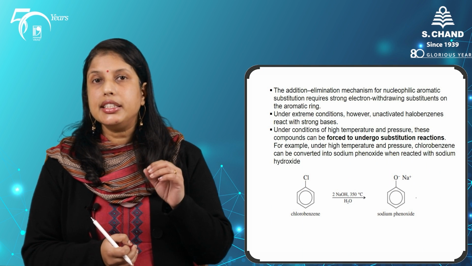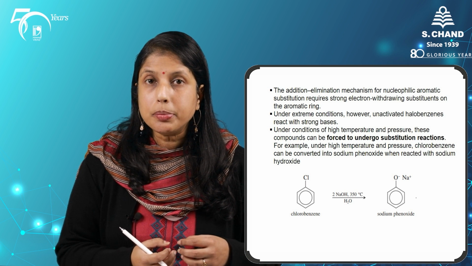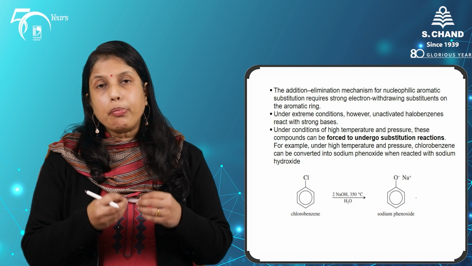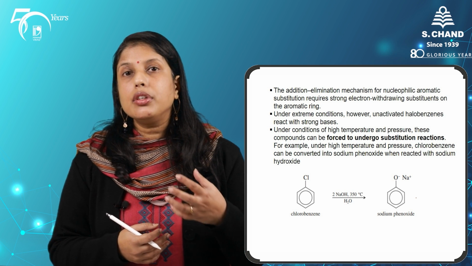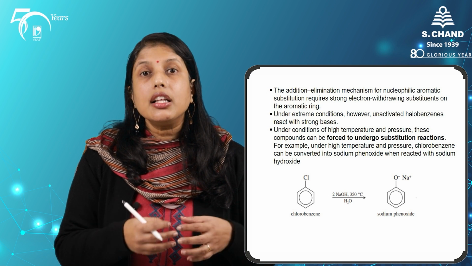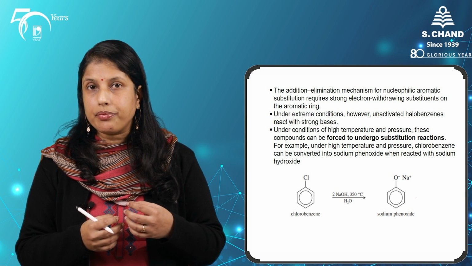If you remember the addition-elimination mechanism which we discussed earlier, it works best when the benzene ring contains the presence of strong electron withdrawing groups, for example, the nitro groups. It is possible to have aromatic nucleophilic substitution reactions on aryl halides that do not have this strong electron withdrawing group.